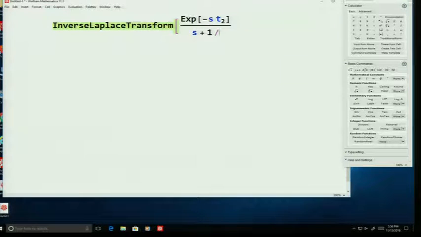There it is, RC. Now we got to tell it what the transform variables are. Well, they are S and T sub 1.